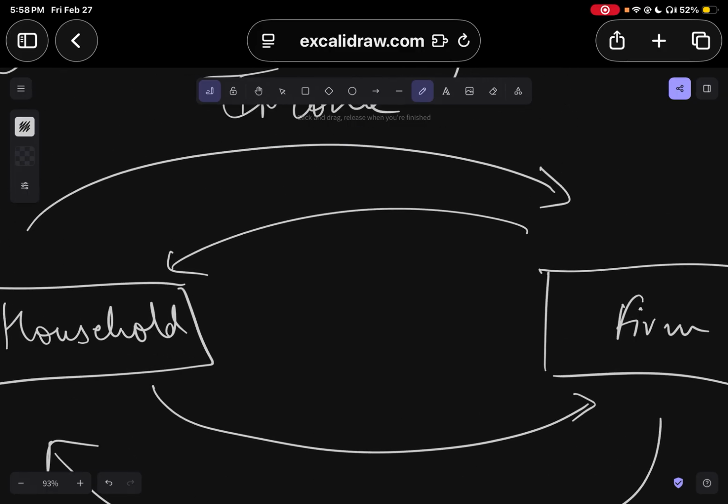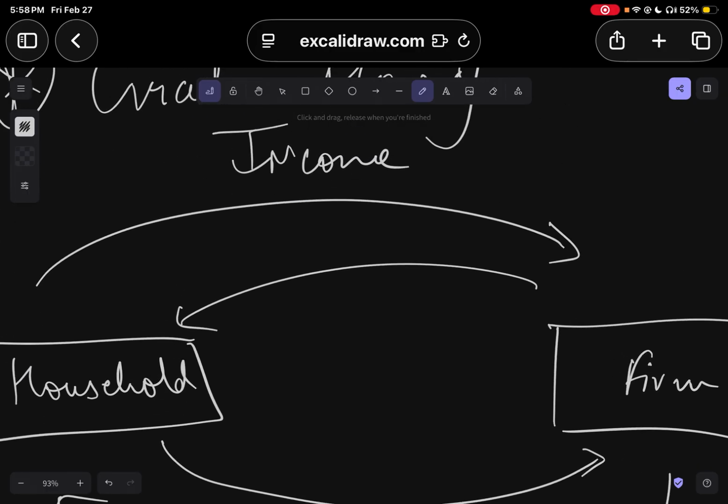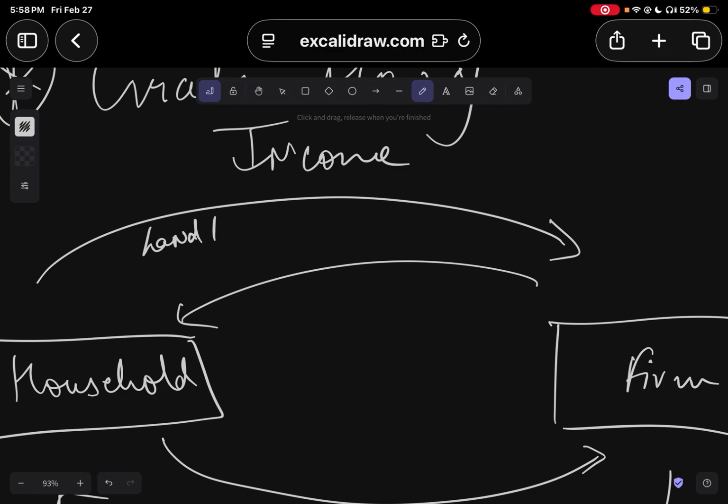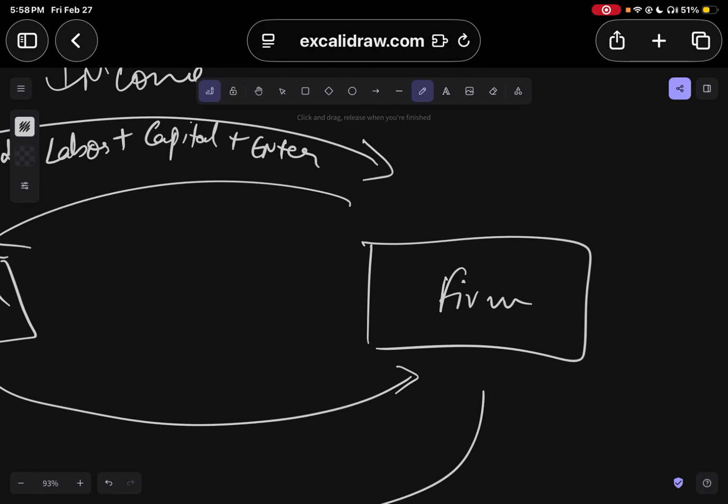So first, households would supply their land, labor, capital plus entrepreneur to firms.